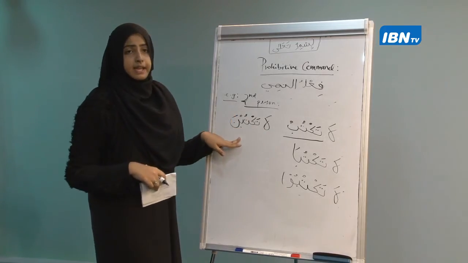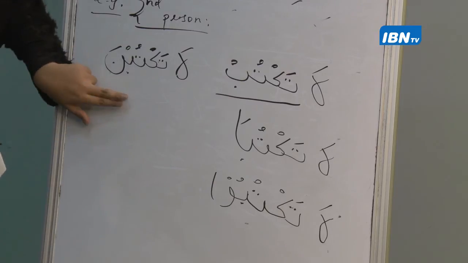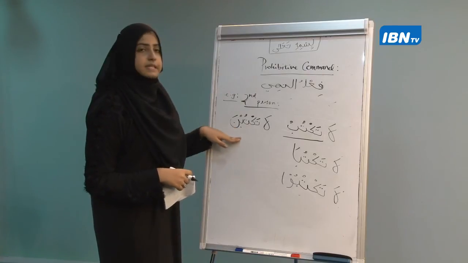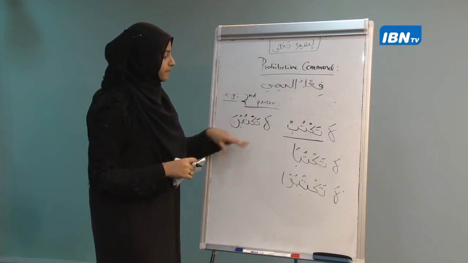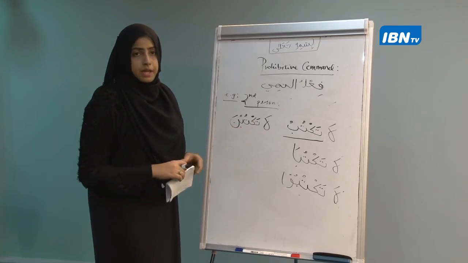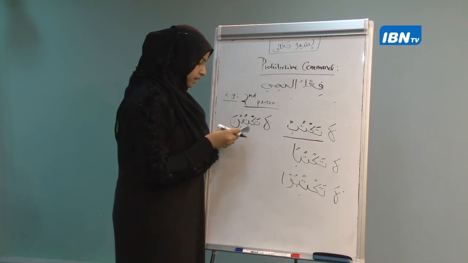La taktubna meaning I'm commanding you 3 or more, but is this mudhakkar or is this mu'annath? This is mu'annath, right? So I'm saying, for example, antunna taktubna. So I can say la taktubna. Okay, you 3 or more female, don't write, right?